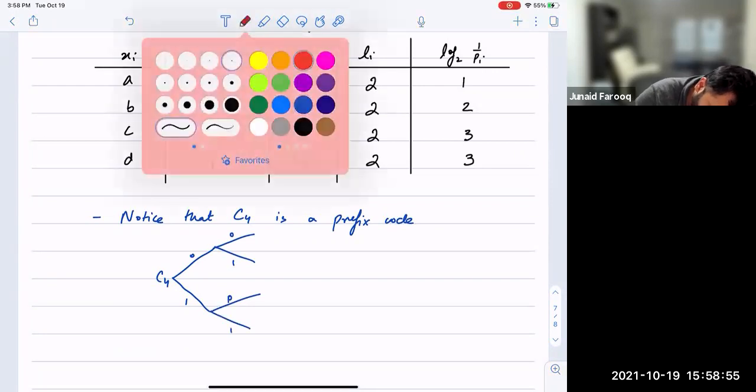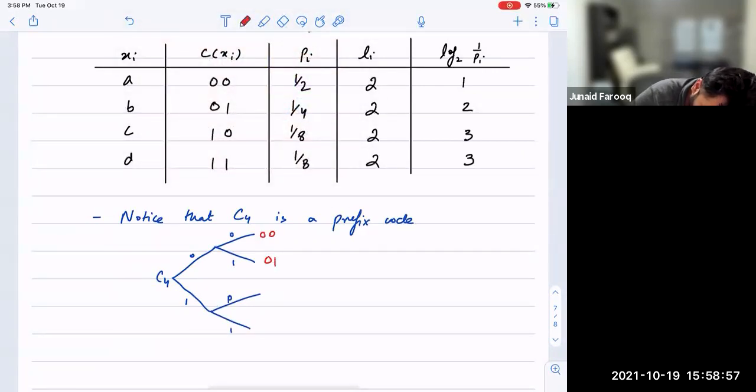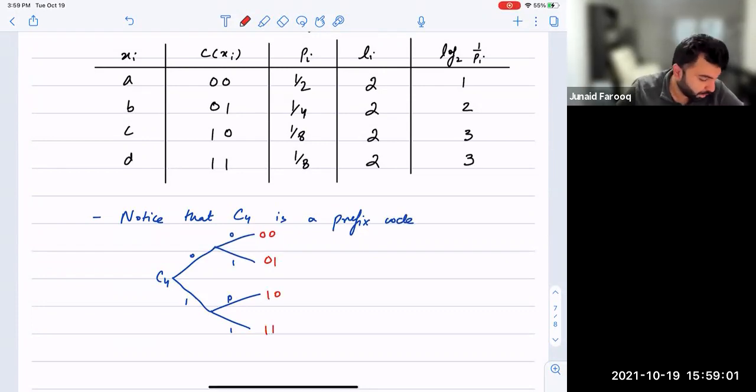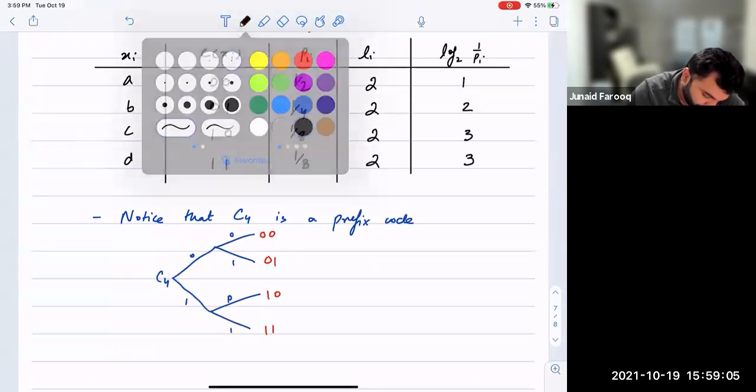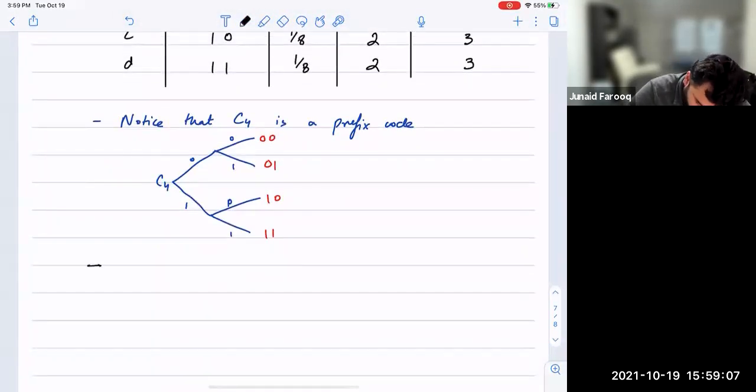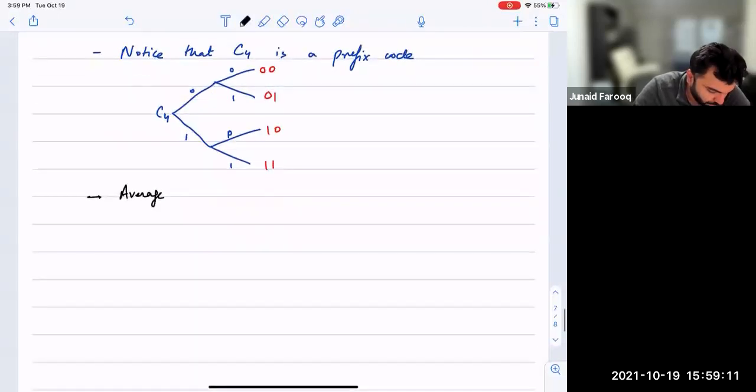So our codes are 00, 01, 10, 11. So it's a prefix code. Now the average length for this code is clearly 2. So let's write it down.